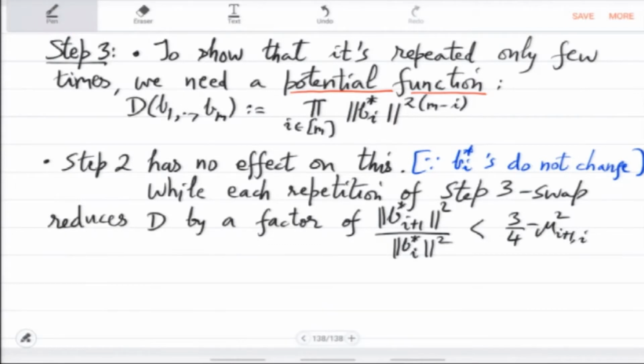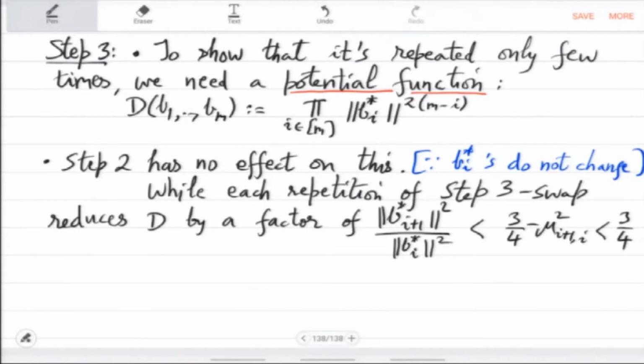So this is actually less than 3/4 even. Okay, so with every swap, D will reduce by a factor of at least 3/4.